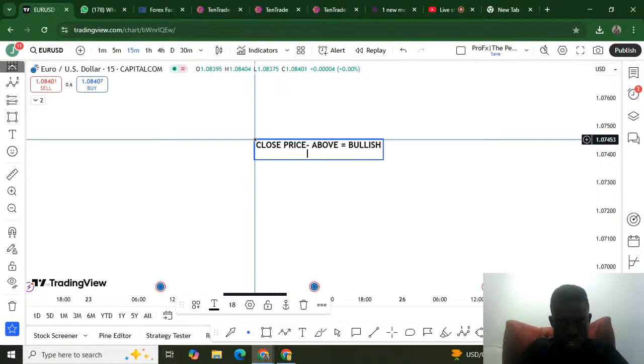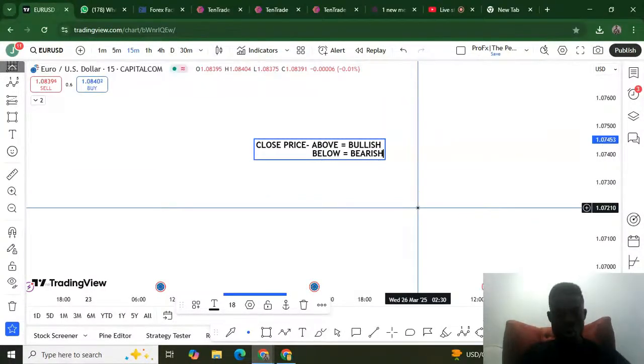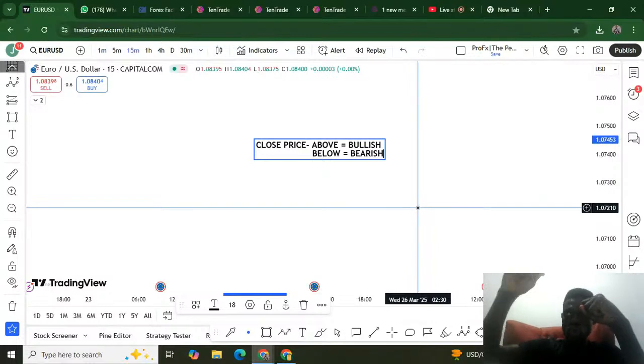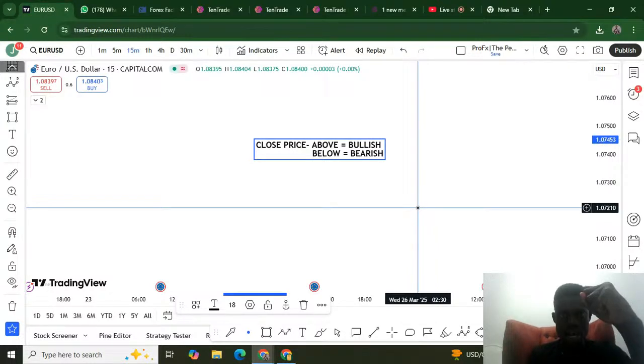If price is going below the close price, we are meant to be bearish. Write this down. This is the general standpoint of close prices. When price closes and goes above the close, it is a bullish sentiment. When price closes and we go below the close, it is a bearish sentiment.